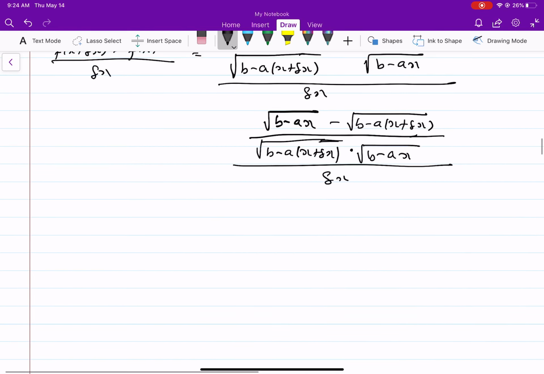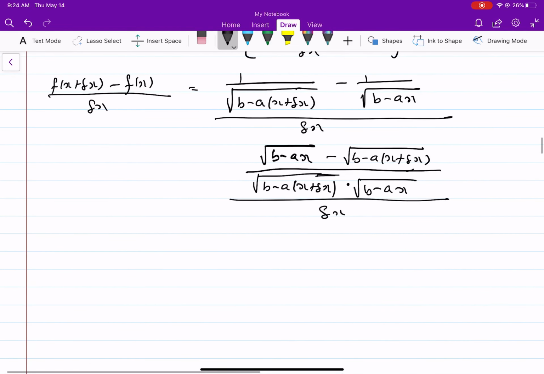Okay, what do I do next? I'll merge these two denominators into one. Remember, this is like delta x over 1. If you flip and multiply, these two denominators merge into 1.